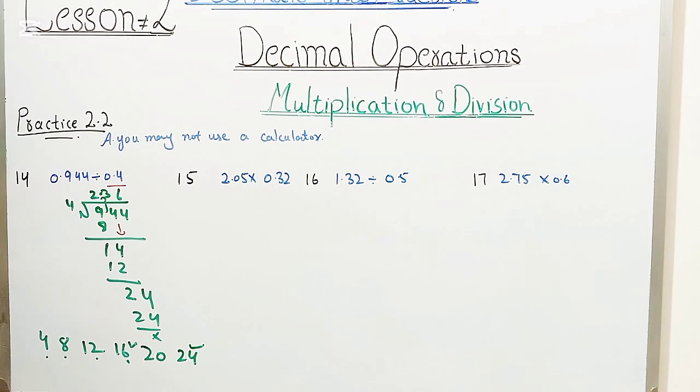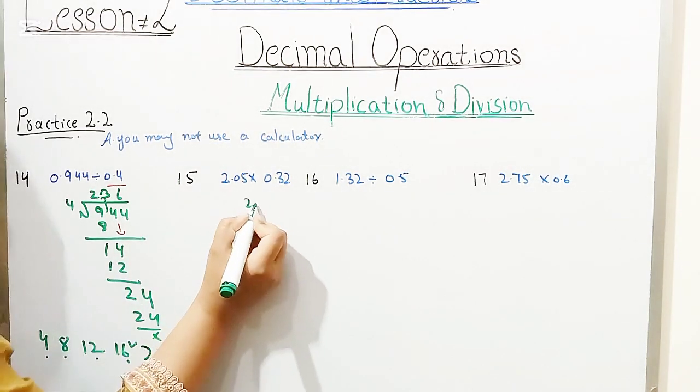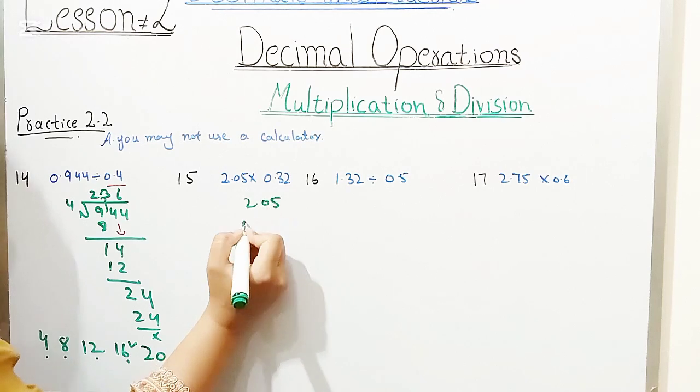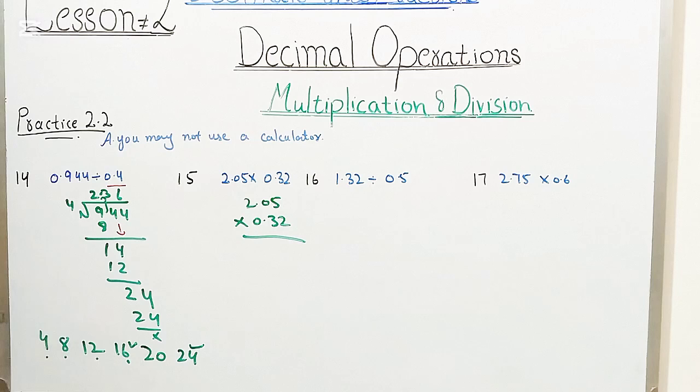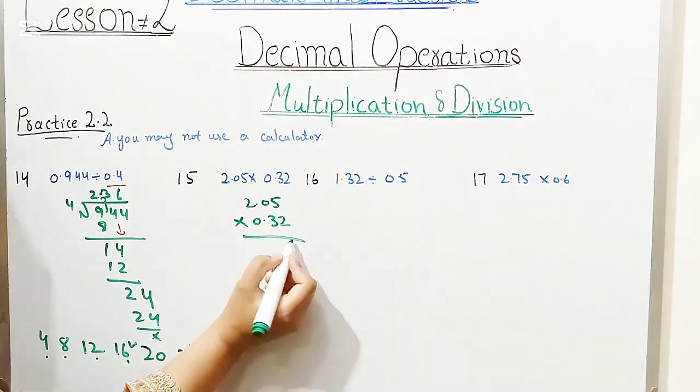Now question number 15. 2.05 multiplied by 0.32 is a multiplication. Firstly, I will ignore the decimal. Now 5 2s are 10.